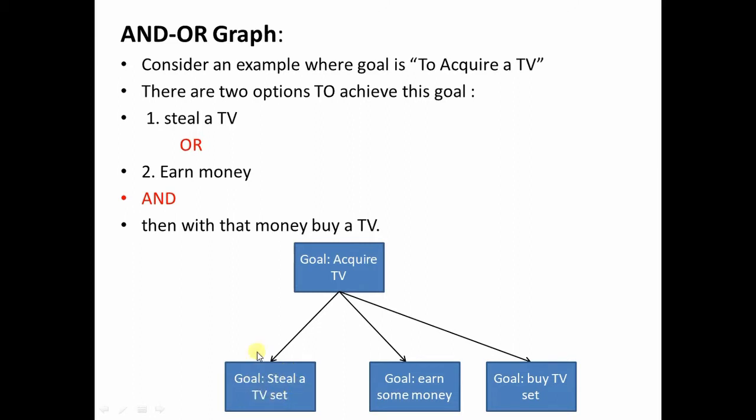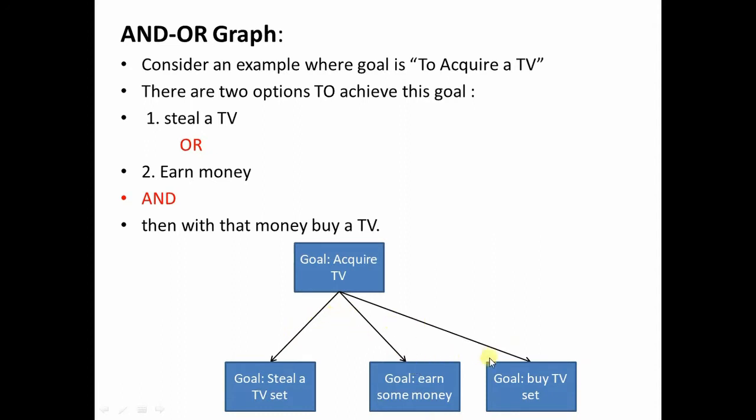Once you steal a TV, you acquire a TV. This goal is independent of the other goals. But if you don't want to steal, then the other options are these two. So either this is an option or these two options. This part is an OR graph: either this branch independently or the second branch.